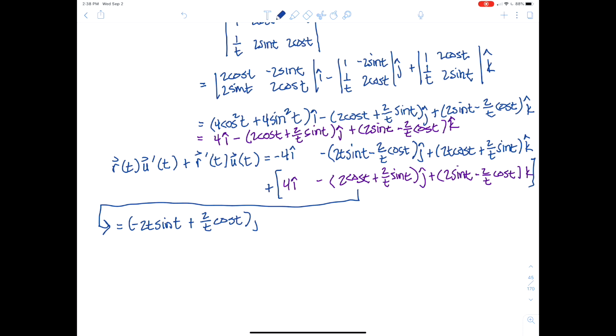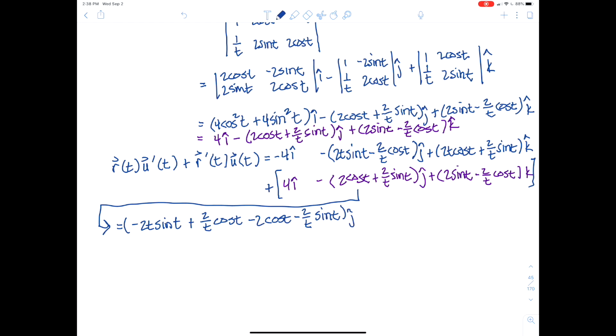Actually, let's take care of that other j term as well. We'll have minus 2 cosine t minus 2 over t sine t. And all of this is times j.